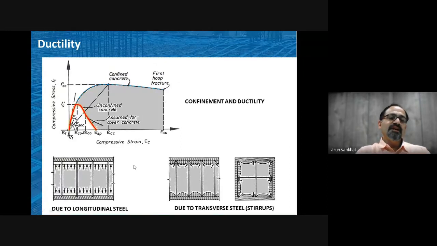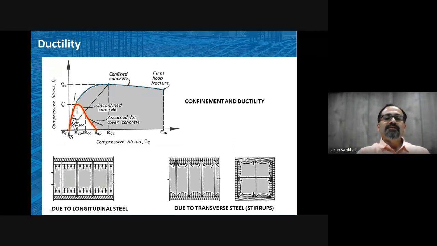This first graph is of an unconfined concrete member. The red graph shows some compressive stress, and strain up to this limit. It reaches ultimate at this point, and then it collapses or fails at this level of ductility, or you can say strain level.